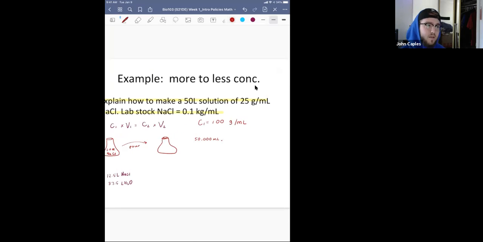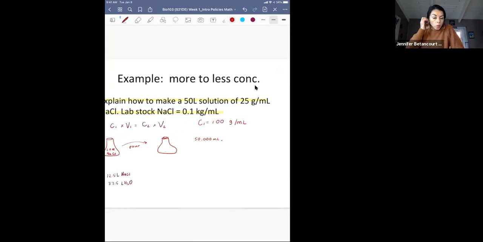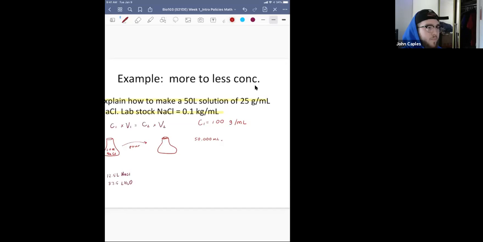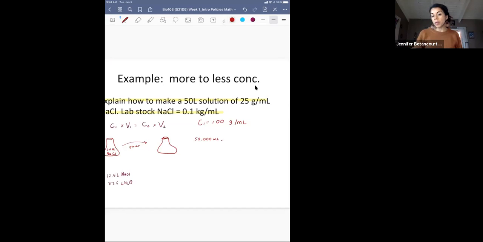Okay, and then we set that. Hold on. Converting is fine, but you don't actually need to convert the volume. The concentration units need to be the same, and we just did that.